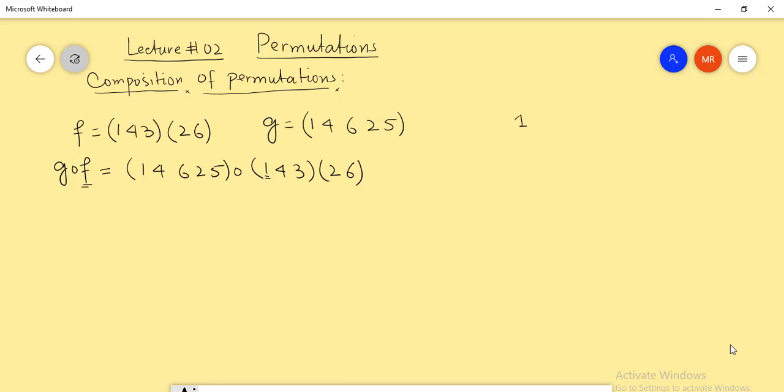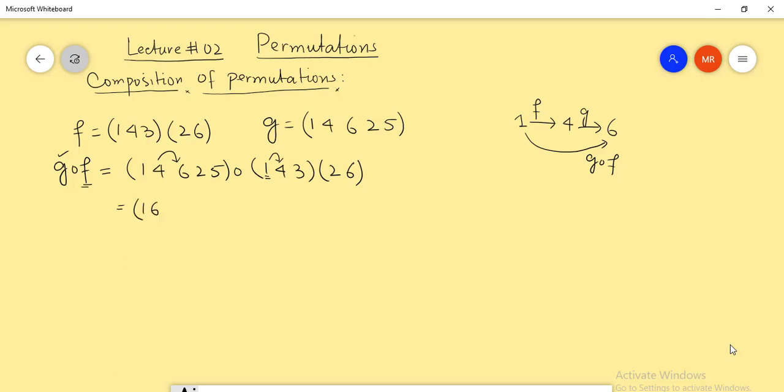The image of 1 under F is 4. And then we operate G on this symbol. The image of 4 under G is 6, since 4 is mapped onto 6. And thus 1 is mapped onto 6 by this composition.